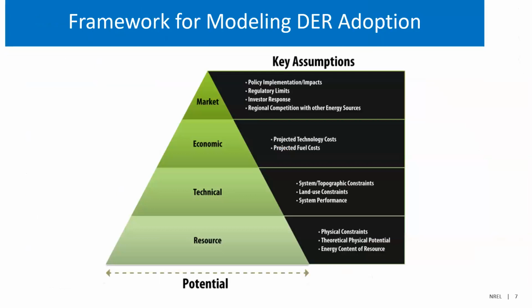One of the frameworks, and I won't go into much detail on this particular framework, is that the dGen model uses a bottoms-up mechanism for simulating consumer adoption decisions. We start with the very bottom, which is the resource. Think about the resource: where you're located and how much resource is available, on a very broad lens.